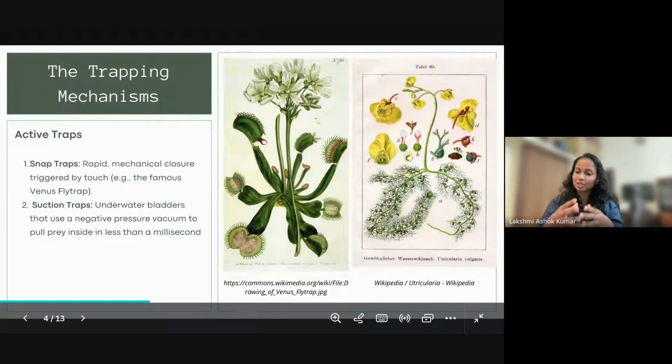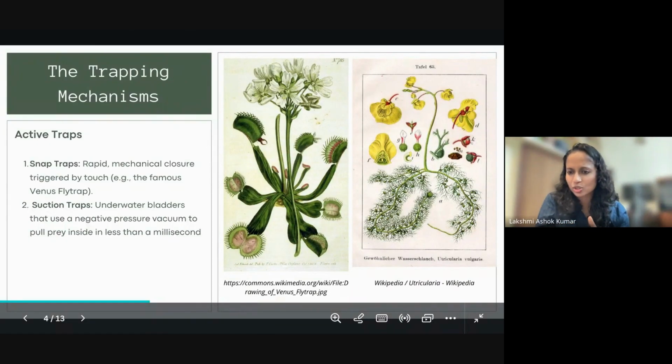It is because there is a lot of plant action that takes place inside. So when there is one trigger, it gets ready, and for the second one, it closes. And even after the second trigger, when it closes, it waits again to understand if it could be some dry leaf that has fallen into the trap.